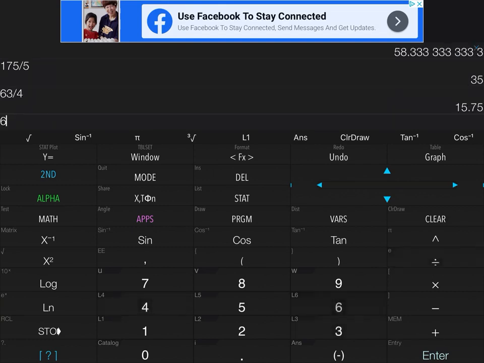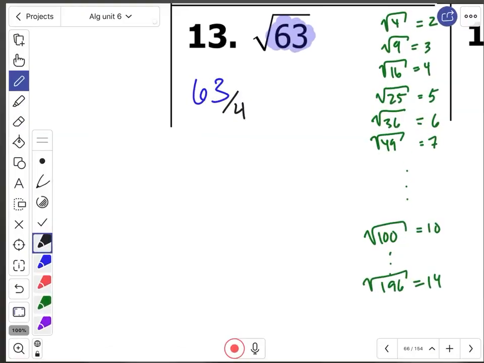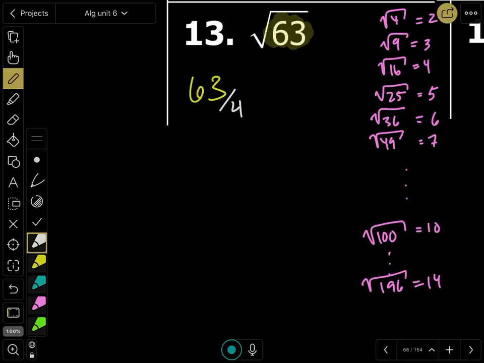Let's do 63 divided by, not 6, 9. Oh, 7. So notice what I wanted to look for: 63 divided by 9 was 7. So that means that 63 is equal to 9 times 7.